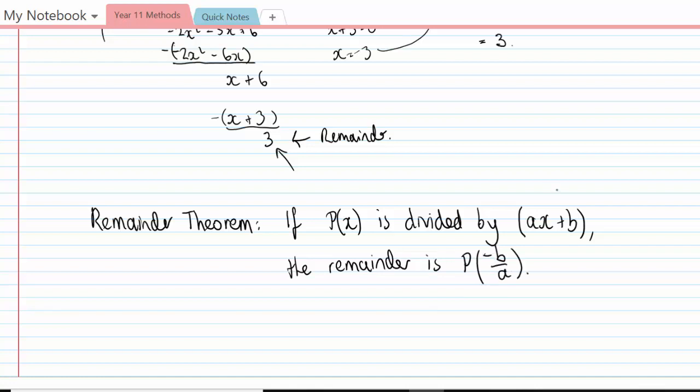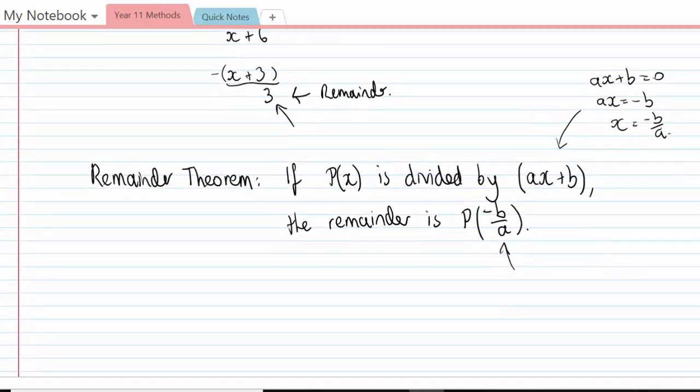And again, if we were to divide by that ax plus b, it's like taking that ax plus b and putting it equal to 0. So then we can take away b on both sides, and then we can divide by a. So that's why we get this value here. Okay, so that's the remainder theorem.